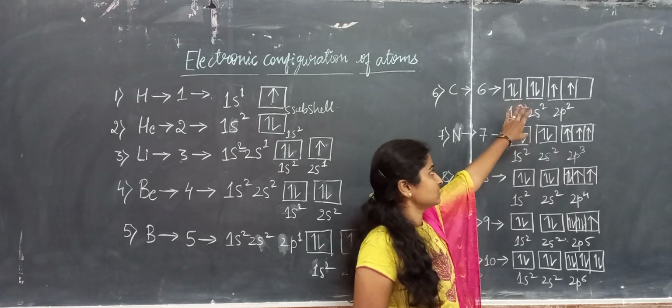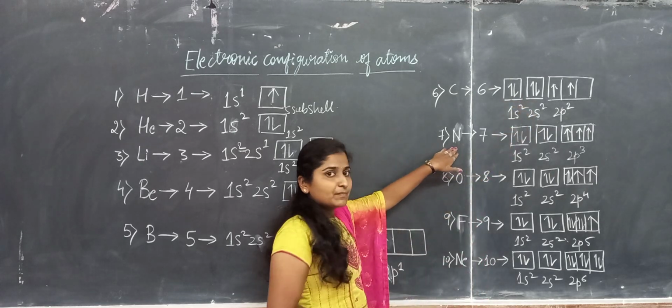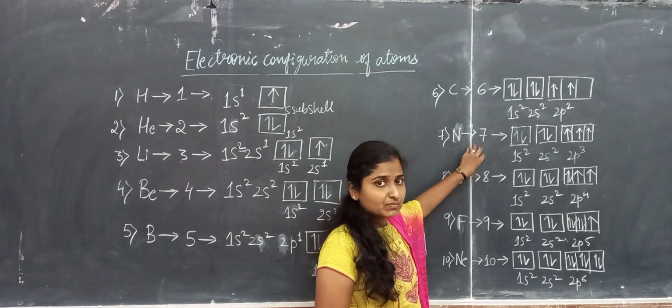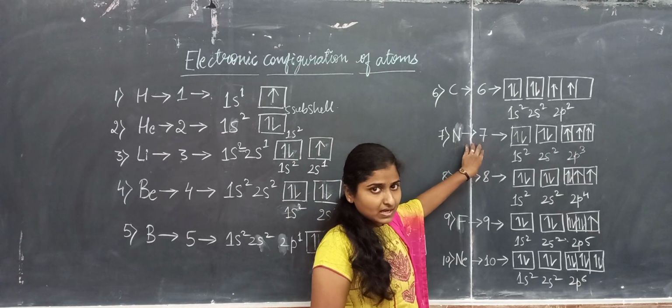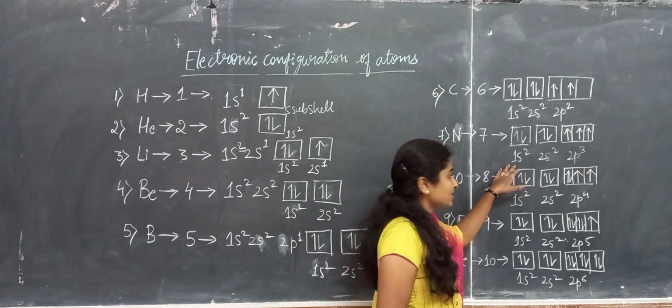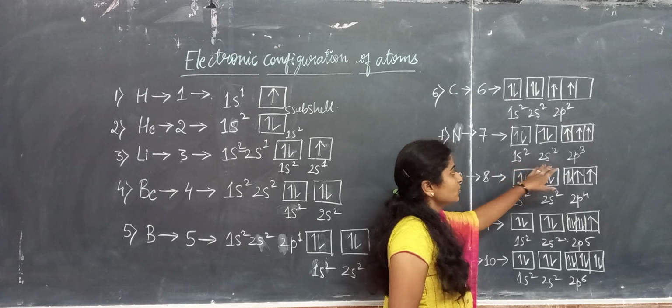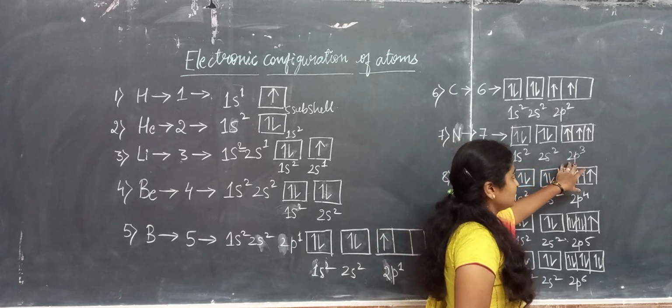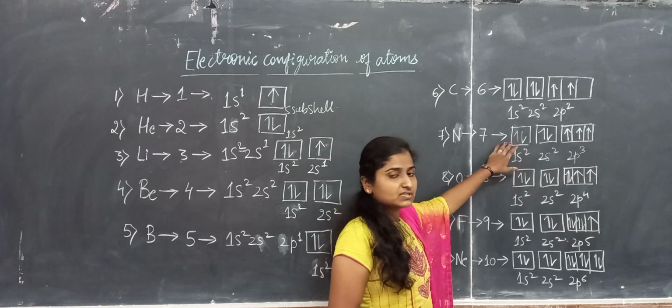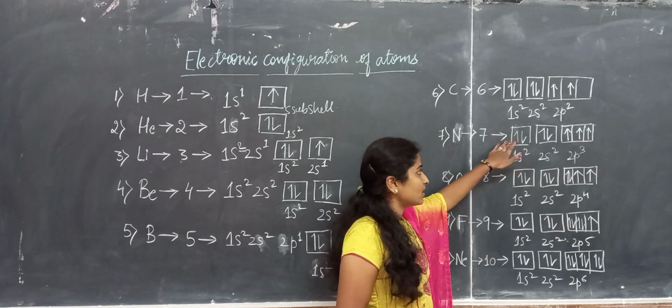The next example we have is nitrogen. Nitrogen has atomic number 7, with 7 electrons in its atomic orbitals. So we can write the electronic configuration as 1s2, 2s2 and 2p3. Both electrons in the 1s orbital enter the same orbital, which can accommodate 2 electrons.